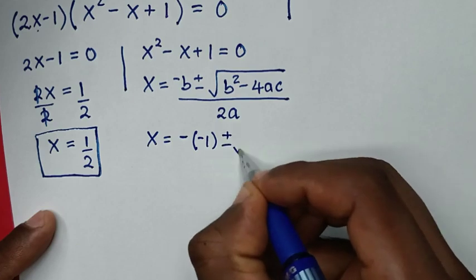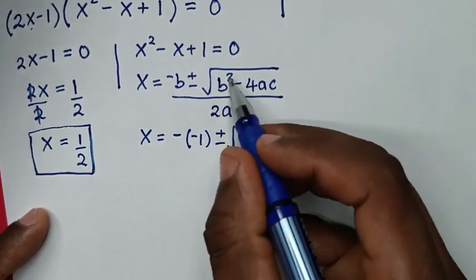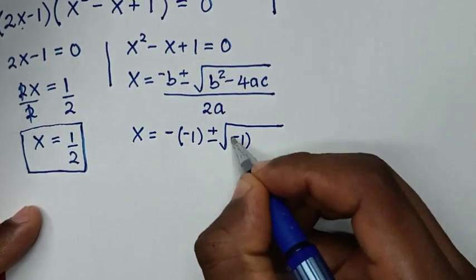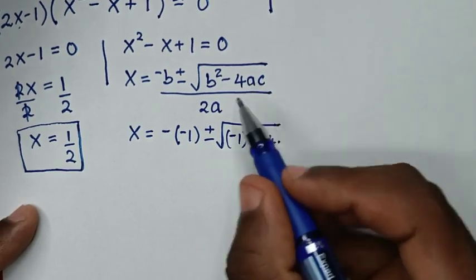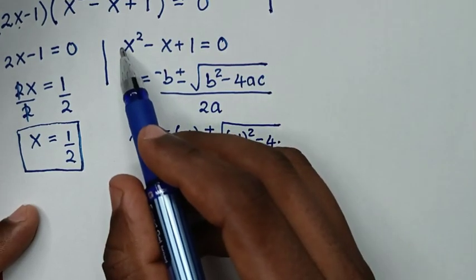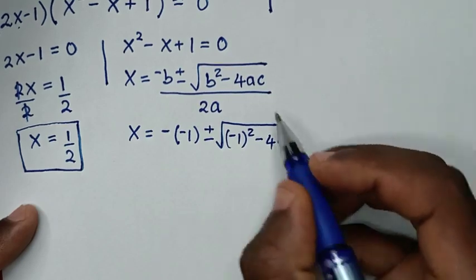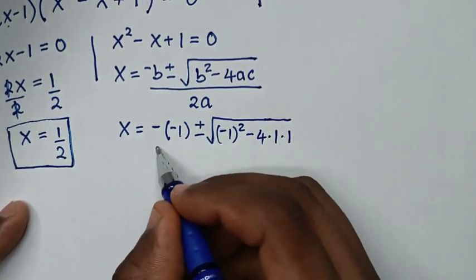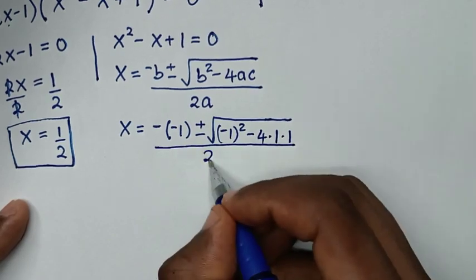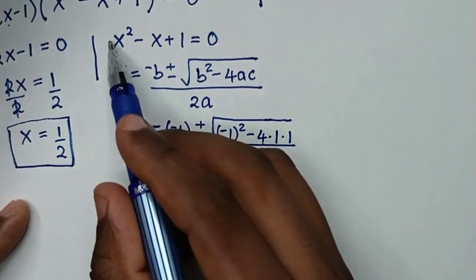Then plus or minus square root of b square, it will be (-1)^2. Then minus 4 times a, the coefficient of x^2, which is 1. Then times c is 1. Then over 2 times a, it is 1.